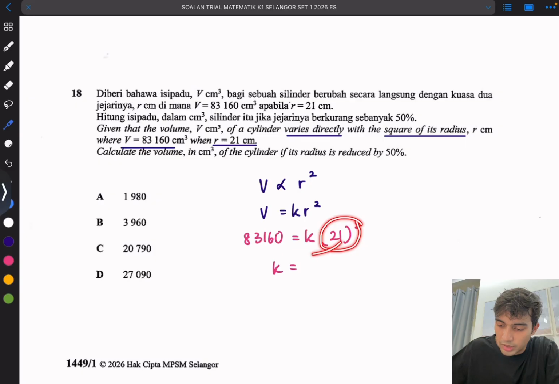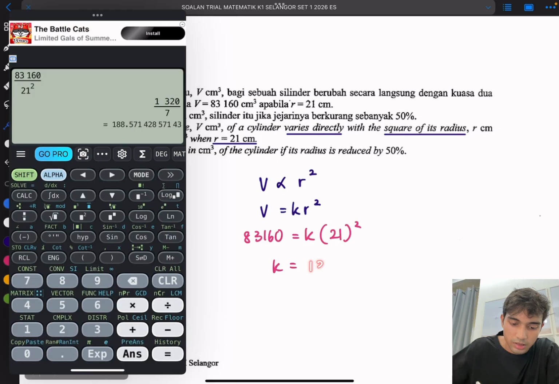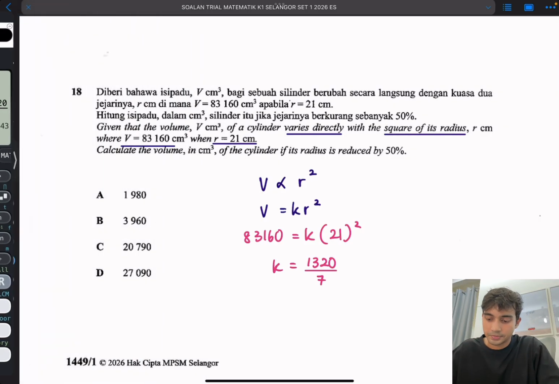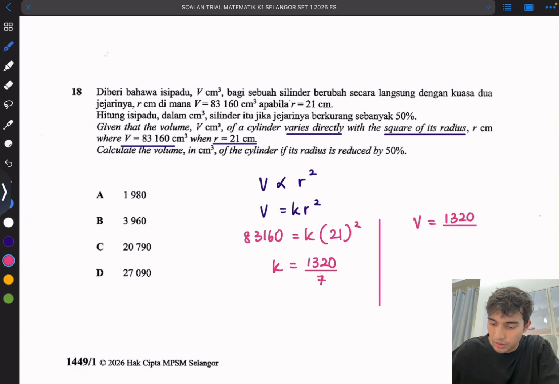This one we bring here will become divide. So 83160 divided by 21 square, we get 1320 over 7. It's better to take fractions to get an accurate answer. Once we get k ready, we can redefine the V. We can say V equals 1320 over 7 r square.